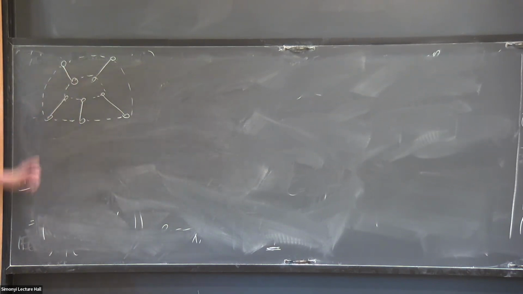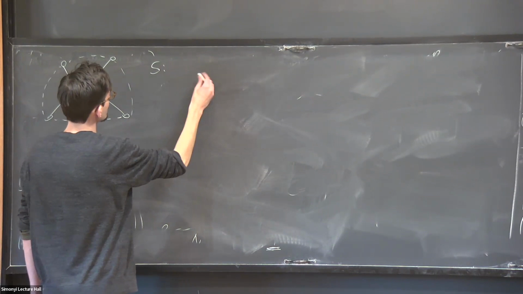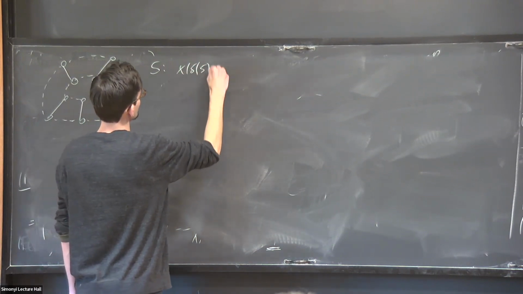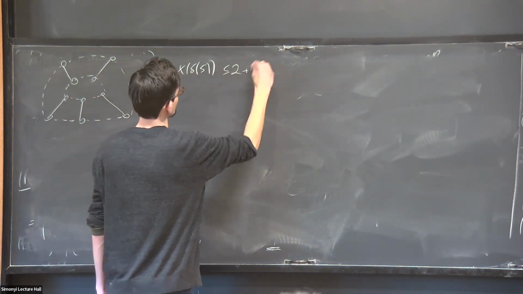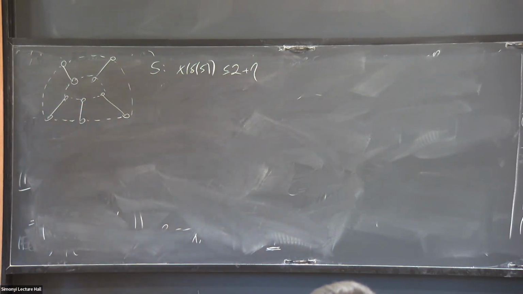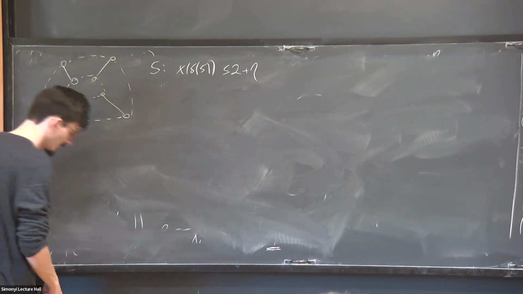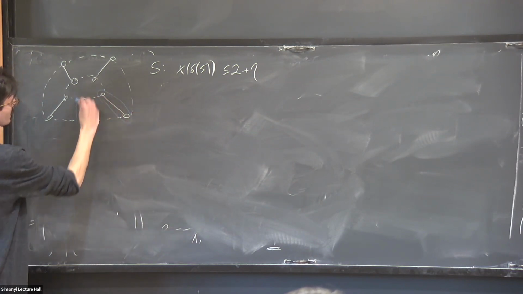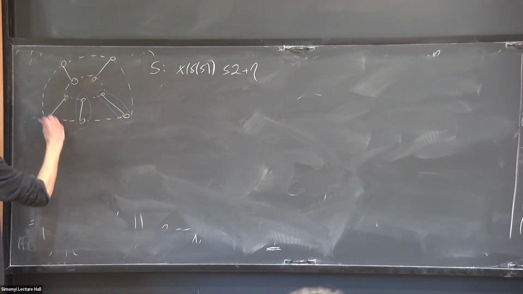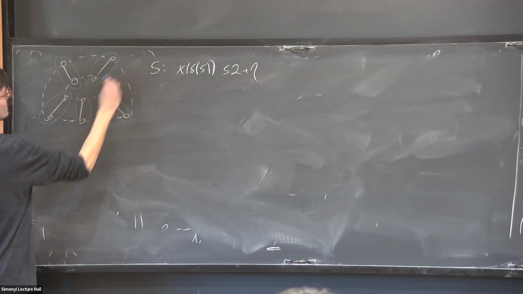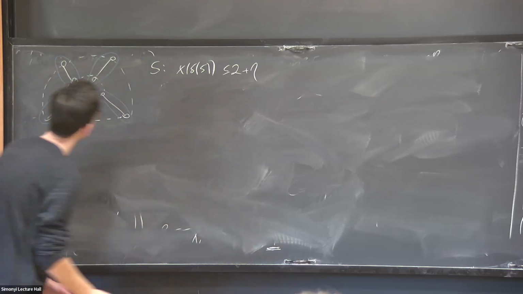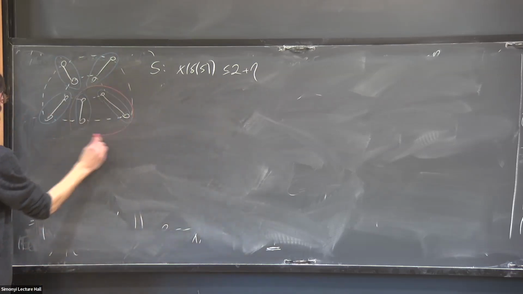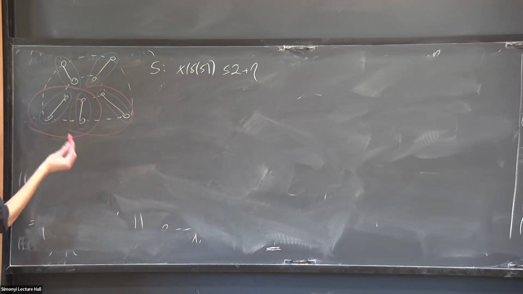Now I want to look at all the cuts S where x of delta of S is at most 2 plus eta for some very small constant eta. So think of eta as like 10 to the negative 10. So in this graph, what are the small cuts? I'm going to get all of these. These have value 2. I'm also going to get all the vertices. And I'm also going to get this collection of cuts that cross one another.